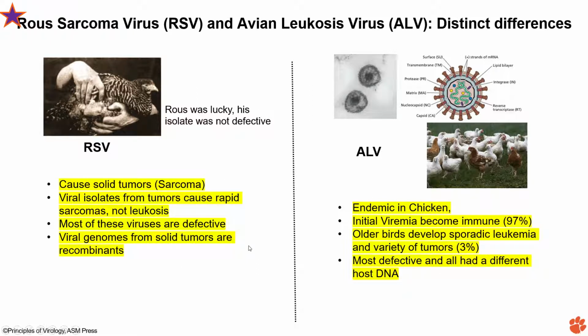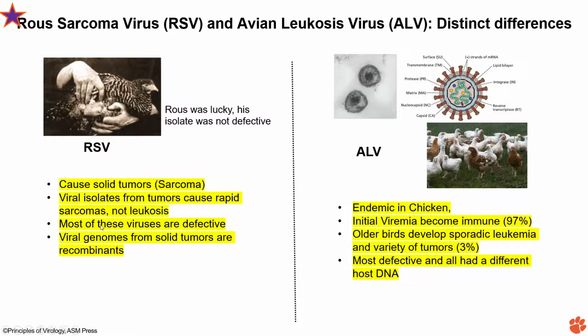The major difference is that all of these functional, cancer-causing recombinant ALV have a different host DNA, and on the other hand, all functional cancer-causing RSV have the V-SRC or the viral SRC gene inserted in there. So that's what it is.